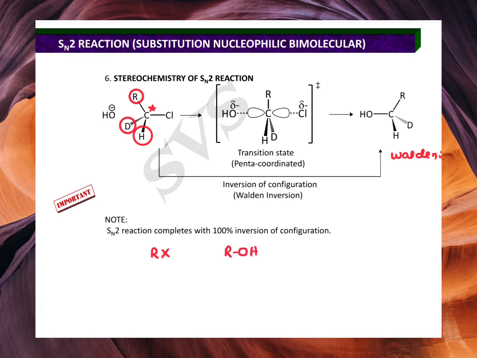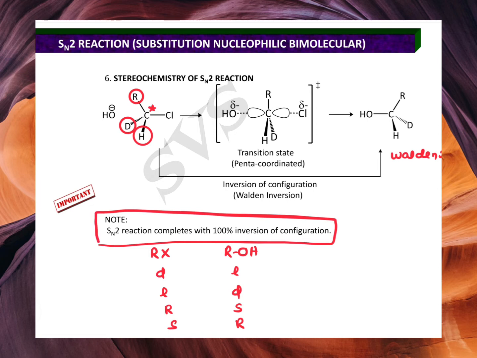Walden inversion is nothing but if the alkyl halide is D, here we'll get L. If it is L, we'll get D. If it is R, we'll get S. If it is S, we are getting R. The reverse configuration will be observed. Therefore it is called Walden inversion, and it is a 100% inversion product. Very, very important.